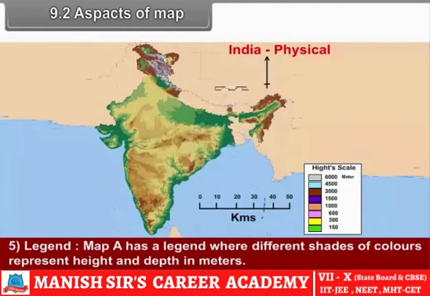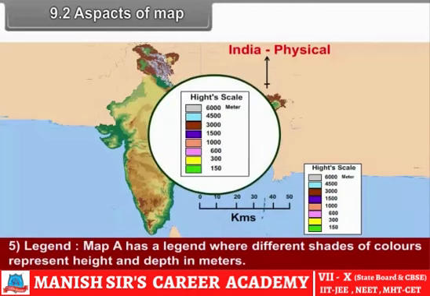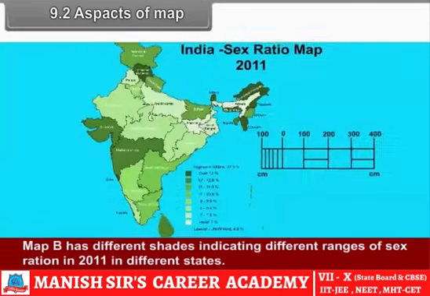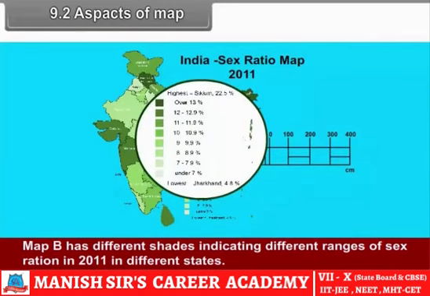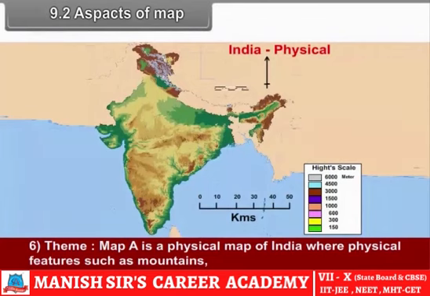5. Legend. Map A has a legend where different shades of colors represent height and depth in meters. Map B has different shades indicating different ranges of sex ratio in 2011 in different states. 6. Theme.